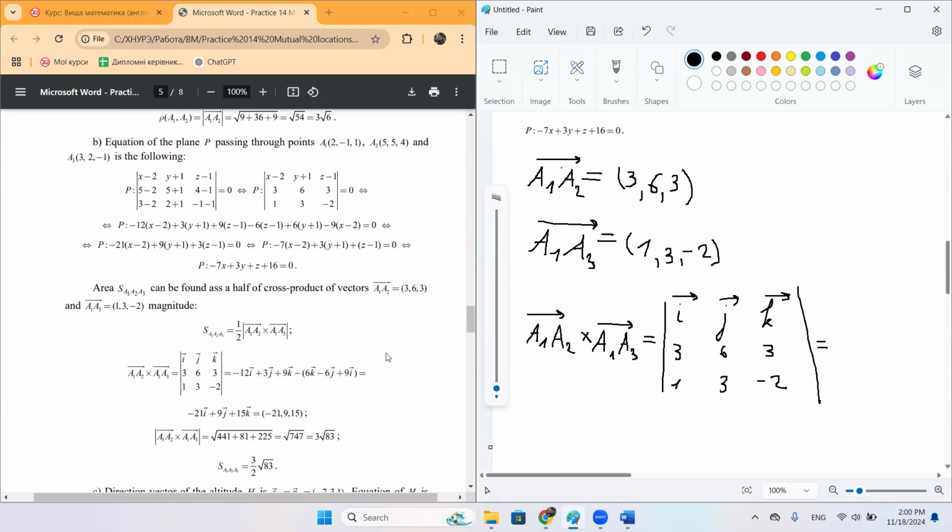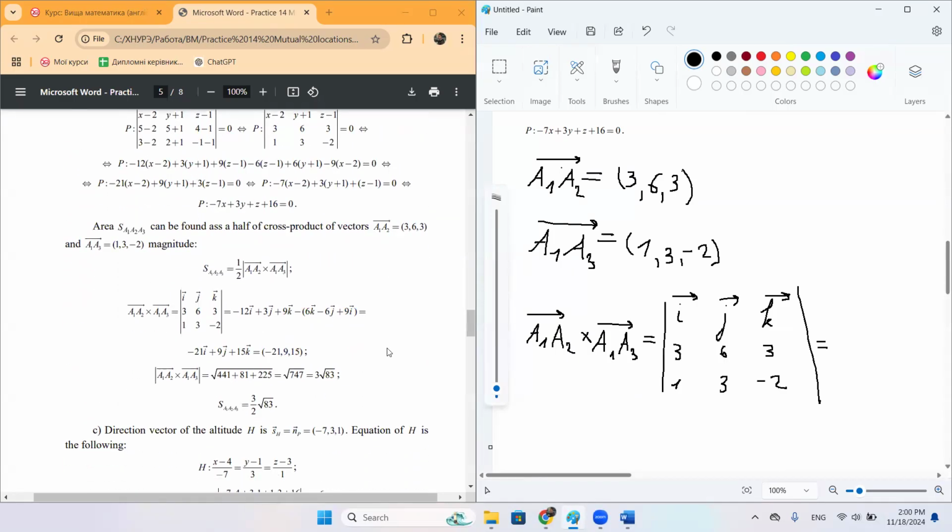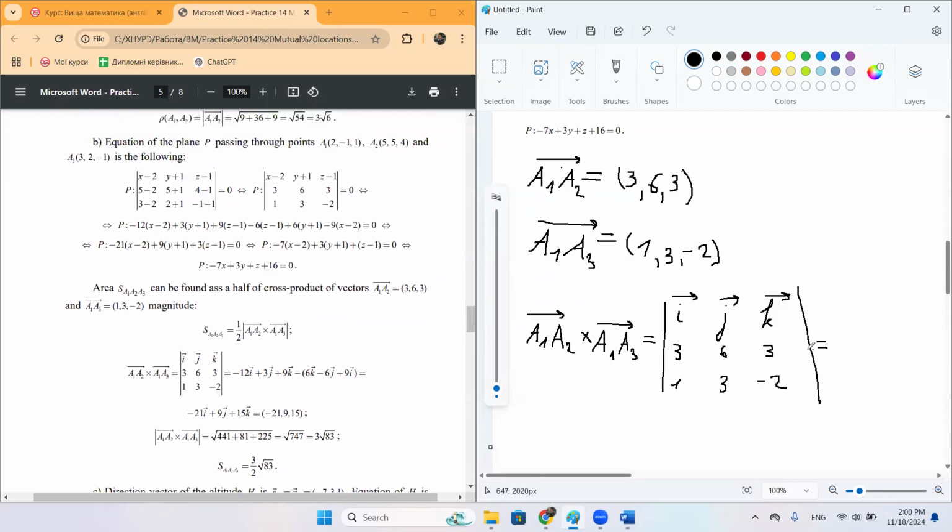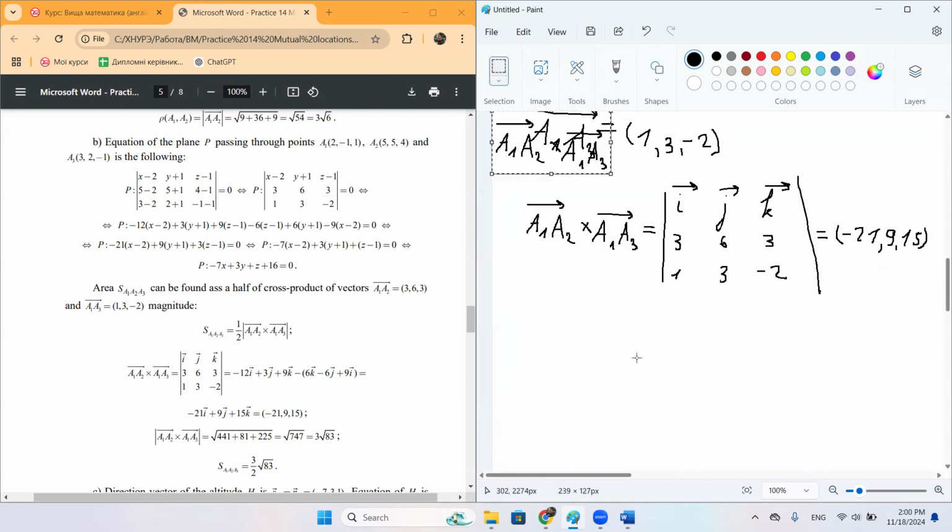And in order to not calculate the determinant, what we have is minus 21, 9, 15. So the magnitude is the next, the magnitude of the cross product.